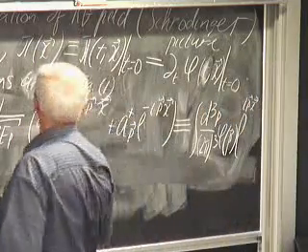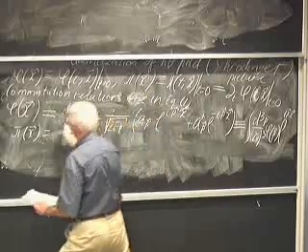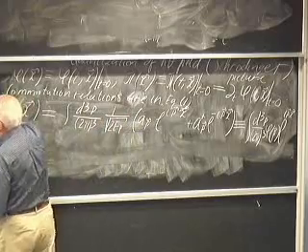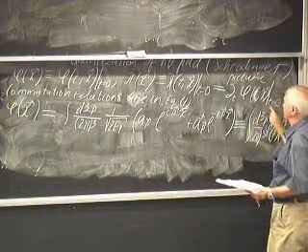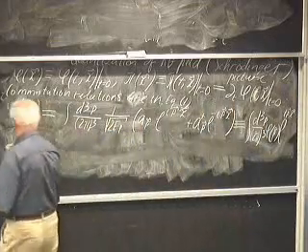Now pi of x, it's easy, right? Just take the derivative with respect to t, which is written here, and put t equals 0. So let me write.